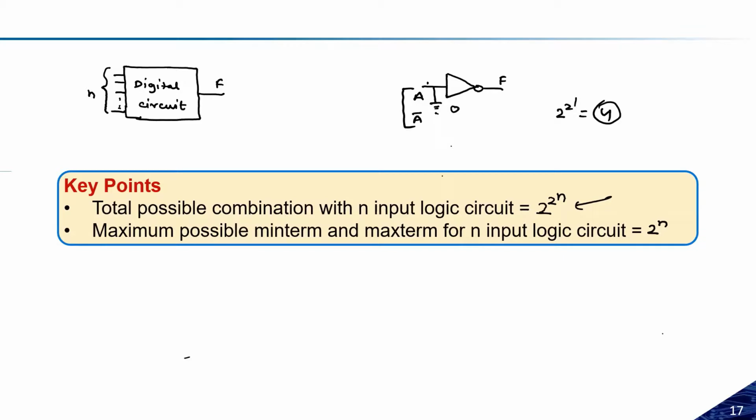This is the third possibility. The fourth possibility is if I directly connect the input with VDD. So for any inverter, the total possible combinations are A bar, A, 0 and 1. These are the total possible combinations for any inverter.